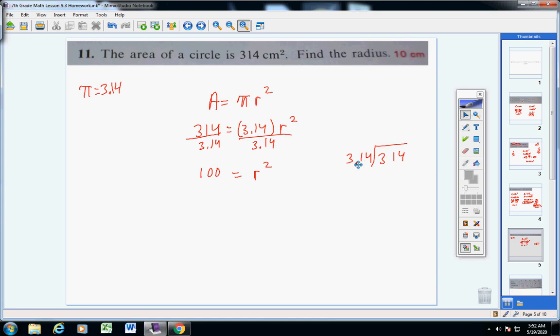Move the decimal 2 places and it's gone. Move the decimal here 2 places. 314 goes into 314 once. 314 goes into 0 zero times.